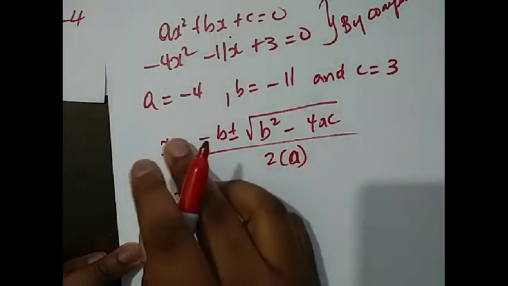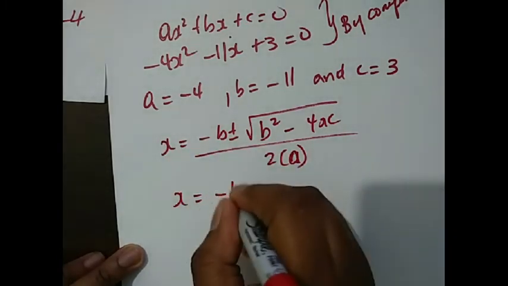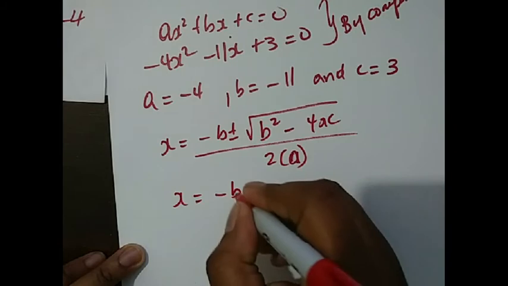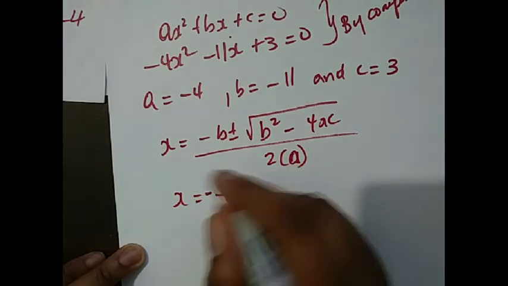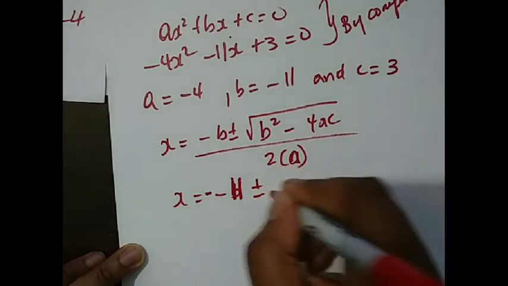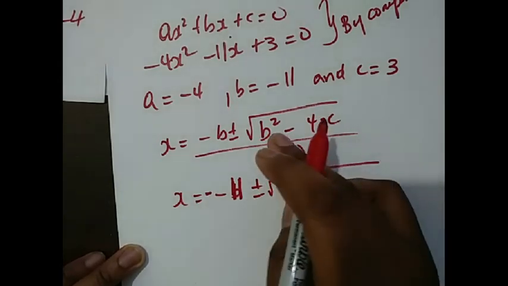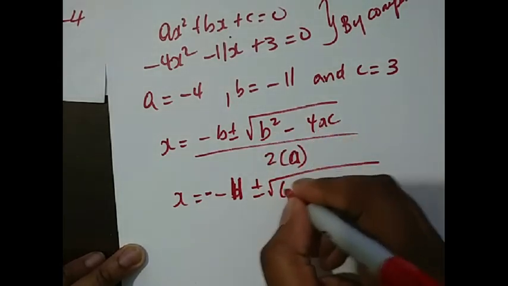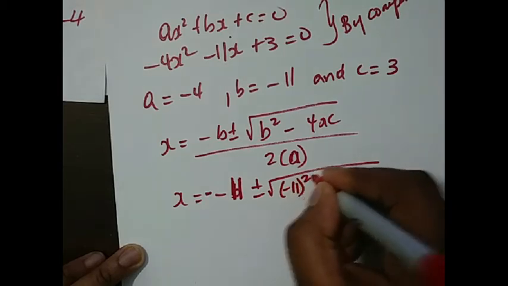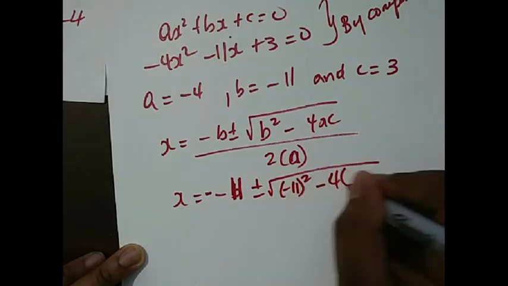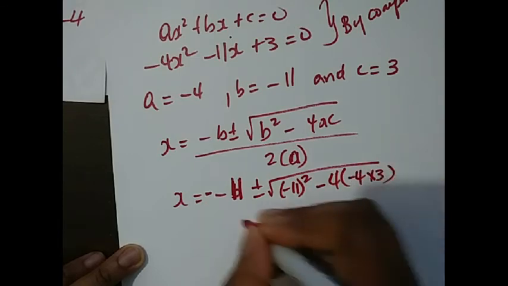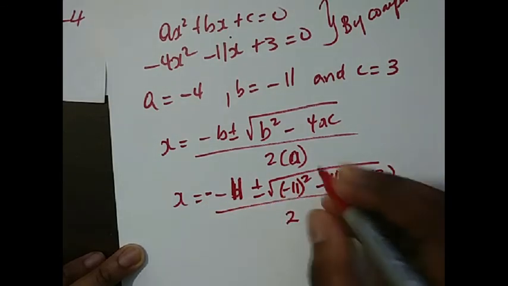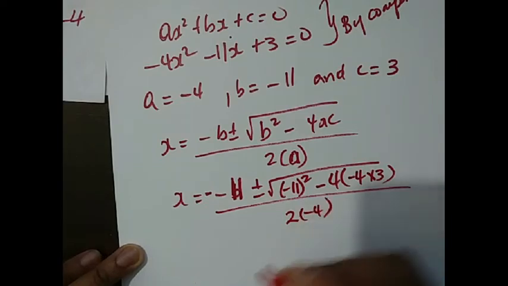So let's substitute our values. We have minus negative 11, so that gives us plus 11, plus and minus the square root of negative 11 squared minus 4 times negative 4 times 3, all over 2 times negative 4.